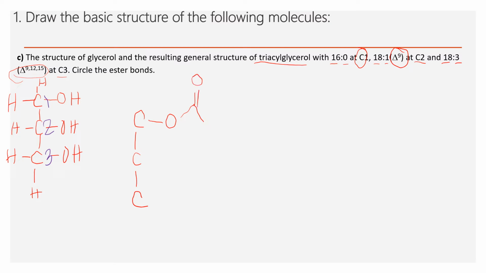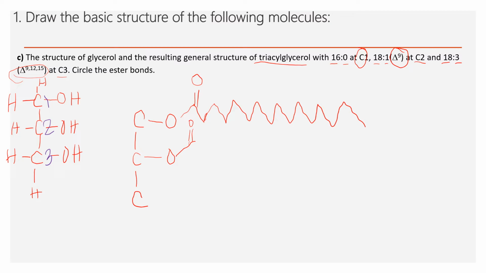The first one said it was 16 carbons with 0 double bonds. So that's 1, 2, 3, 4, 5, 6, 7, 8, 9, 10, 11, 12, 13, 14, 15, 16. So there are 16 carbons with no double bonds. The next one says 18 carbons, 1 double bond at location 9.